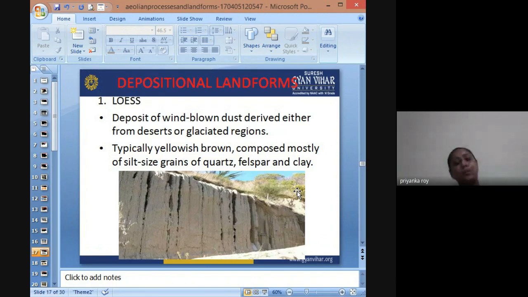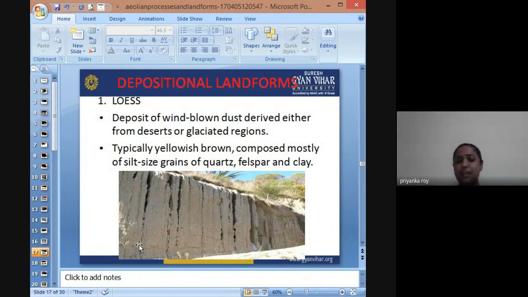Now, depositional landforms. Loess is a layered deposit of wind blown dust, derived either from desert or glacier regions. So loess happens either in glacial regions or deserts where wind blown dust particulates are deposited.